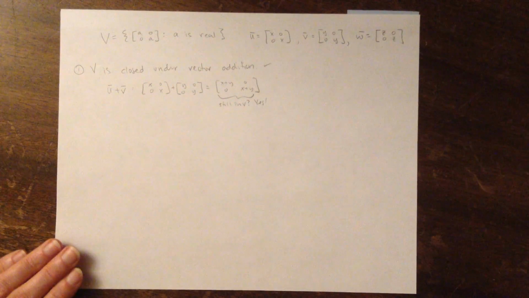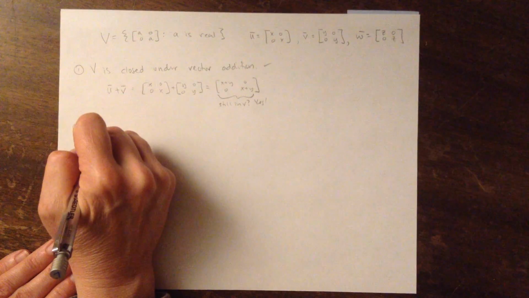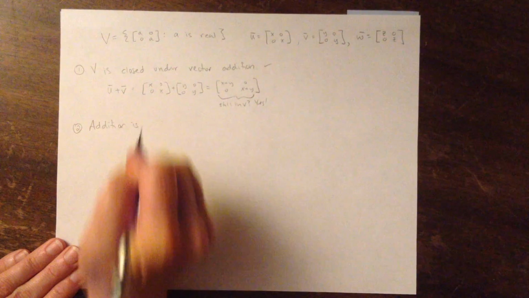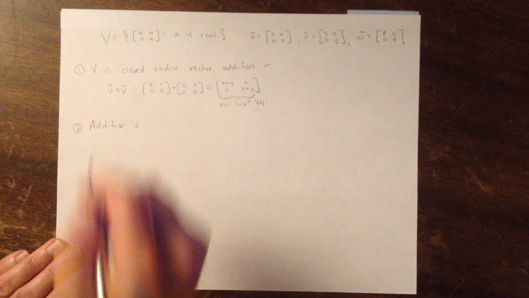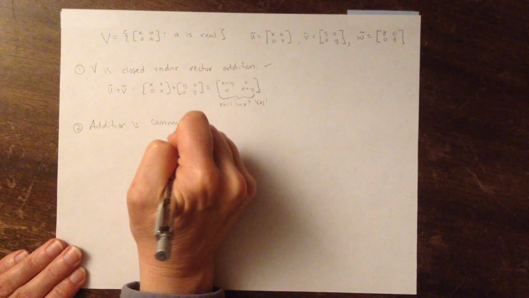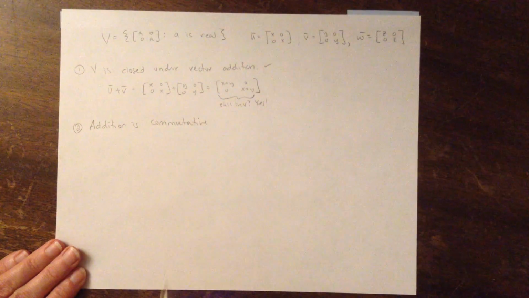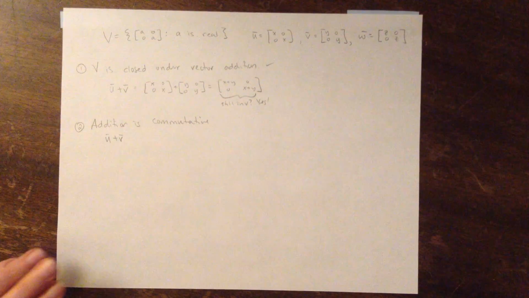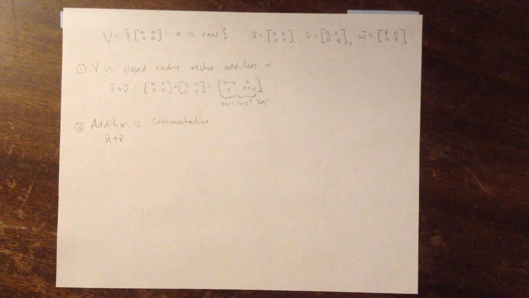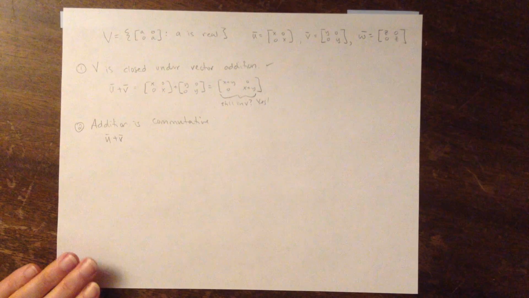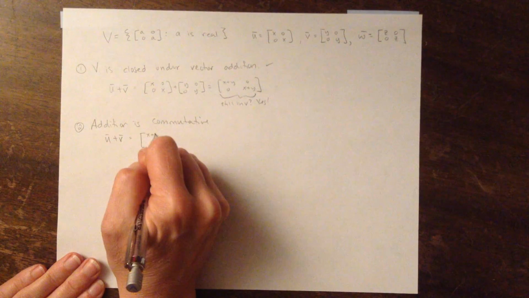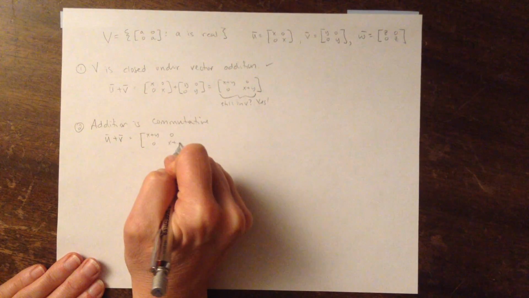The next axiom is that addition is, what's the word for it when you can change the order? I think it's commutative. So if you take U plus V, that's got to be the same thing as taking V plus U. And this is going to be true in this case. This is going to get inherited from properties of real numbers, because if you do U plus V, we did U plus V up here, we get x plus y, 0, 0, x plus y.